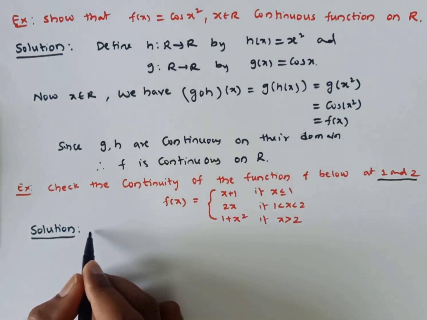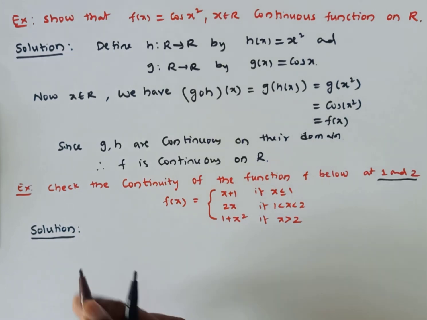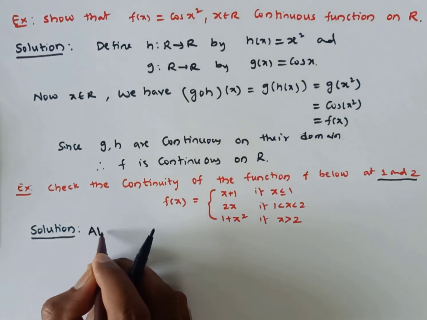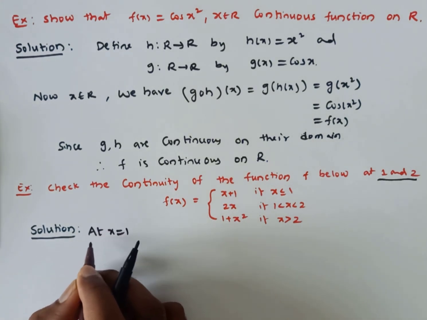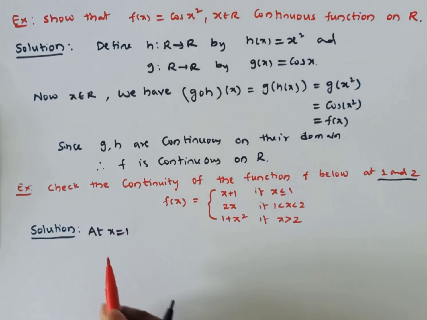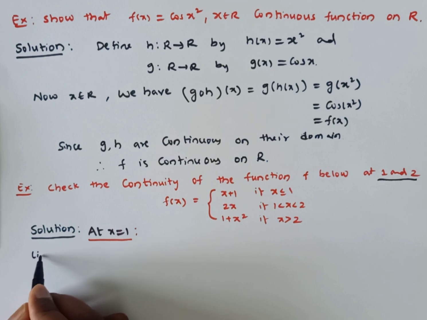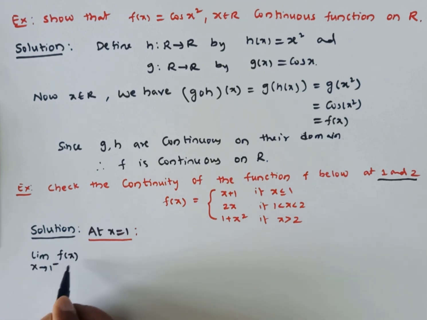So first of all, check at x equals 1. At x equals 1, what do we need to check? The left hand limit and the right hand limit, and whether both exist. First of all, find out the limit as x tends to 1 minus of f of x. So here what you have to choose: x tends to 1 minus means it is a little bit less than 1, so x is less than 1.